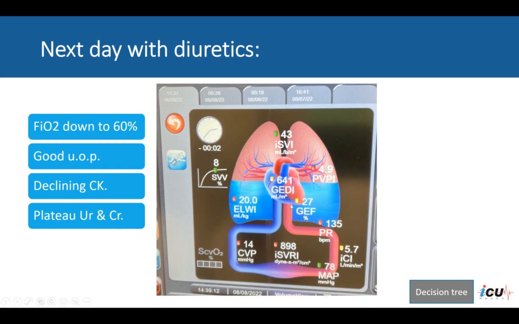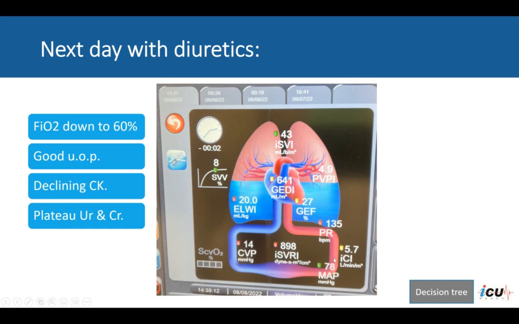The numbers that you see: the global end-diastolic index is slightly low, but stroke volume variation is 8, stroke volume index fine. I don't think he has any preload issue here.